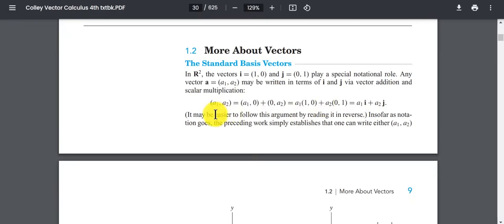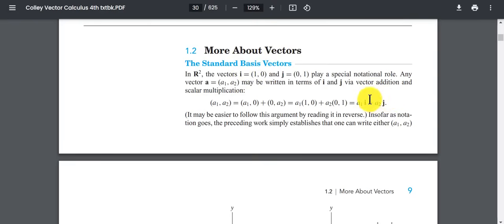So in both cases, we see that A1, A2 can be written as the sum of this piece and this piece. This piece has I, and this piece has j. So we can say that any vector A1, A2 can be broken up into the sum of basically 2 standard basis vectors. These are the 2 standard basis vectors.